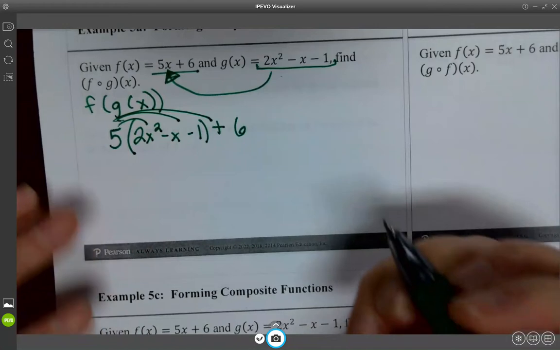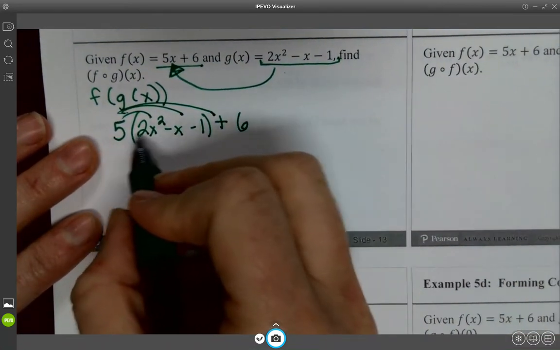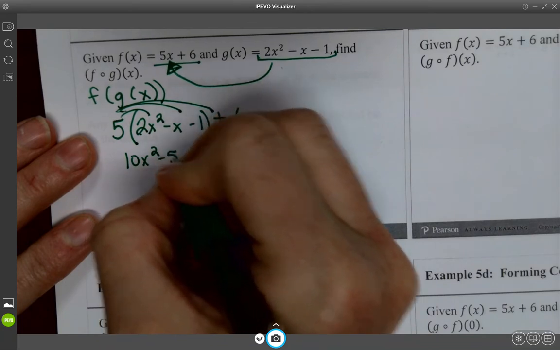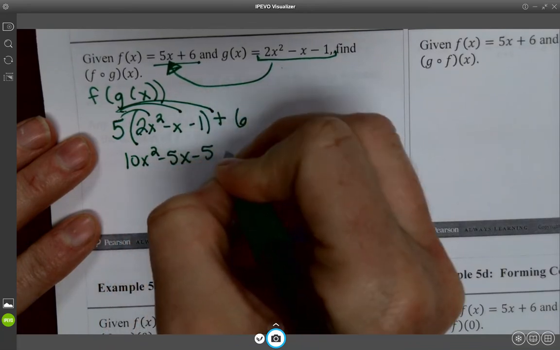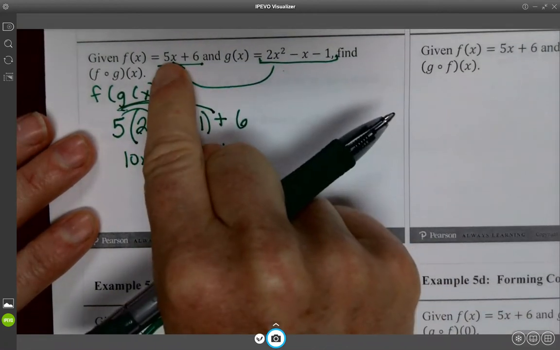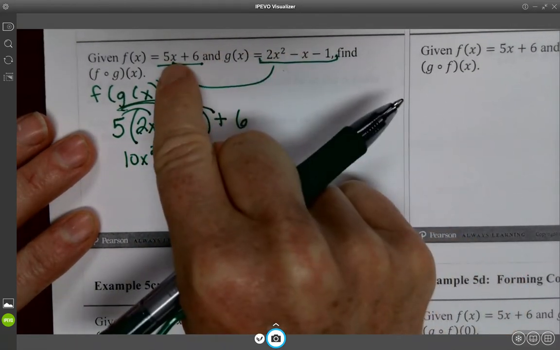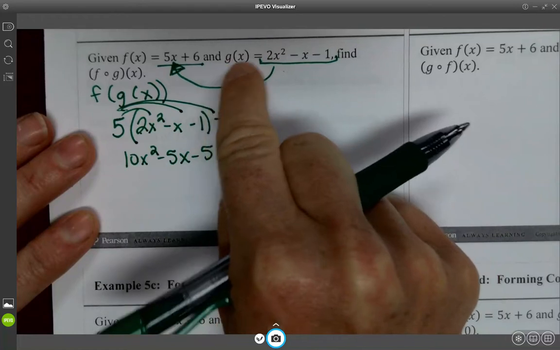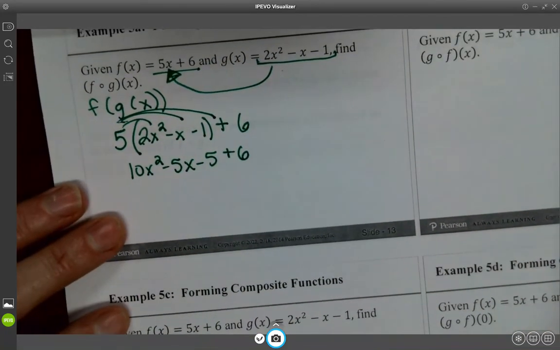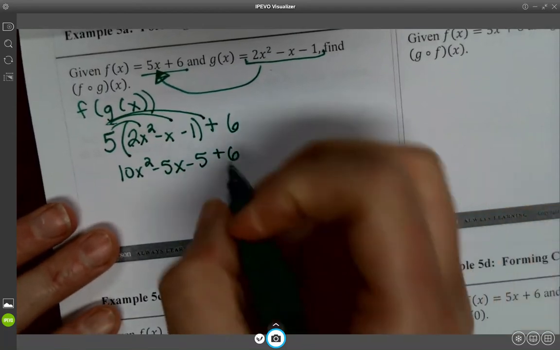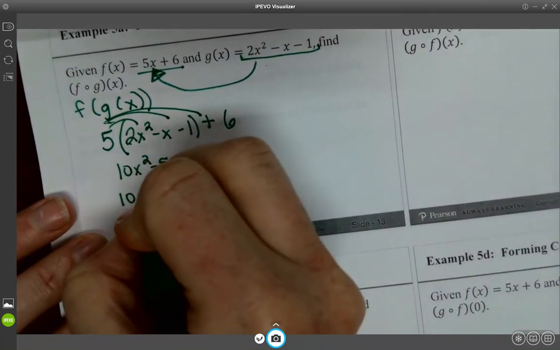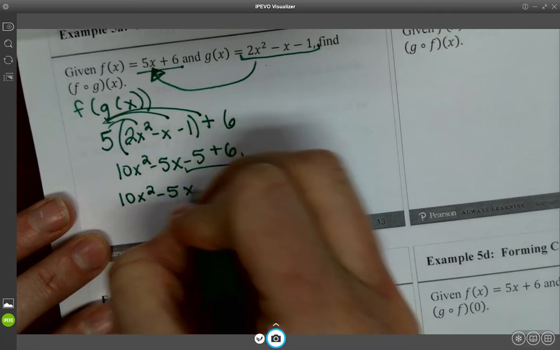Distribute: 5 times 2x squared, minus 5x, minus 5, and carry down the plus 6. The reason why we multiplied 5 times that was because it was 5x. So instead of x, I'm plugging in g of x for x. Then we combine like terms where we can. So 10x squared minus 5x plus 1.